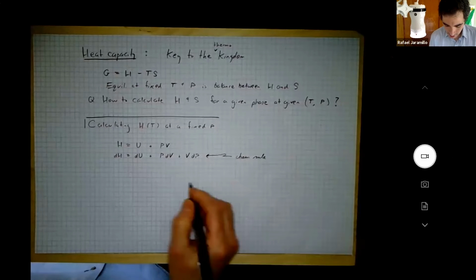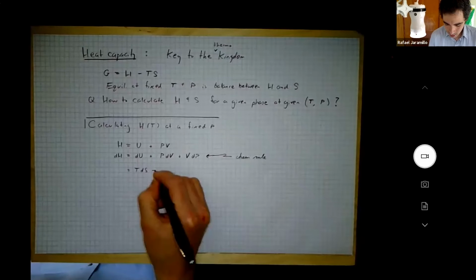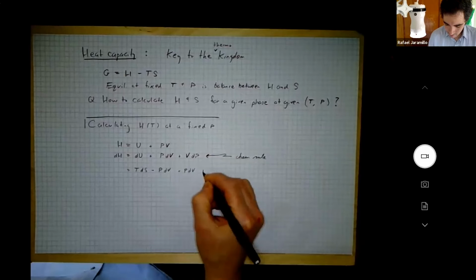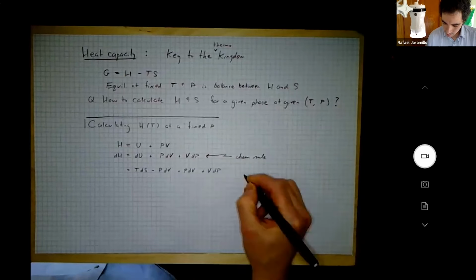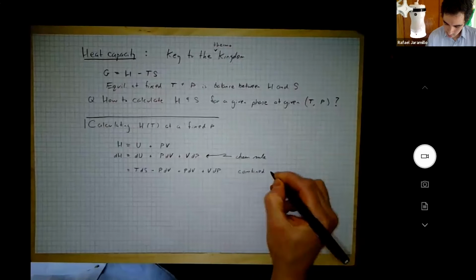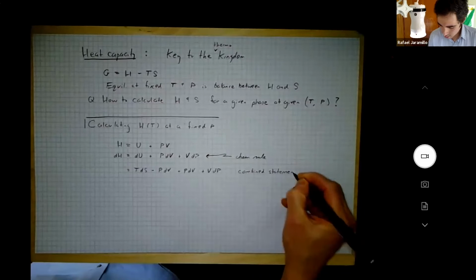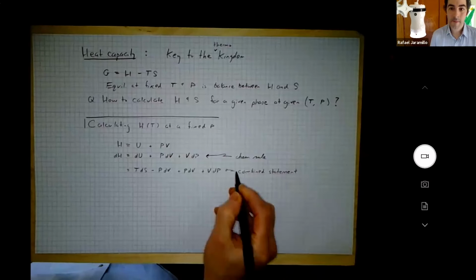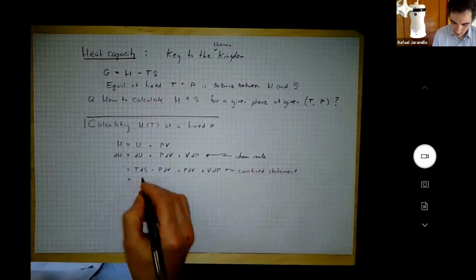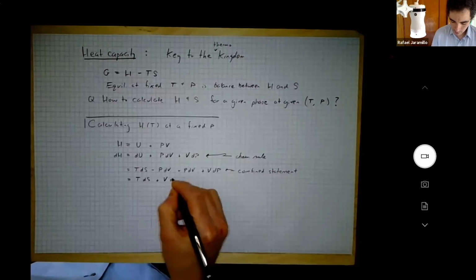Then we're going to use the combined statement. This is T dS minus P dV plus P dV plus V dP. This is using the combined statement. And canceling terms, we have T dS plus V dP.